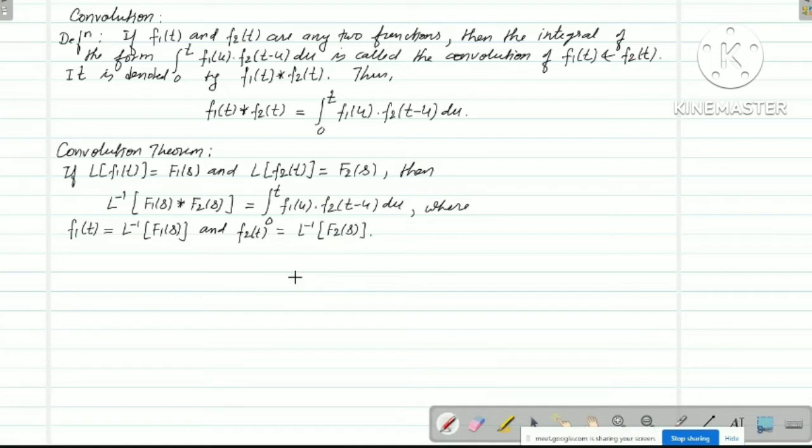Okay, so this is the statement of the convolution theorem. This is one of the most important theorems of your Laplace transform. I hope you understood what the convolution and the convolution theorem are.